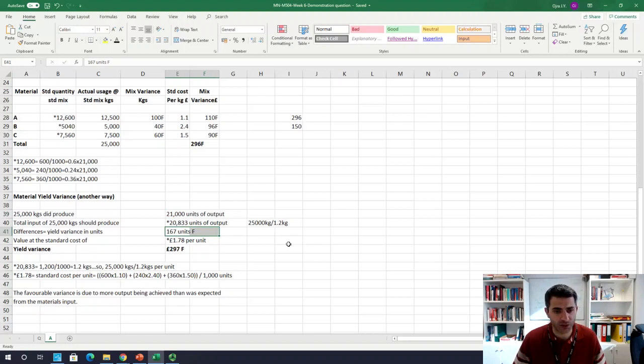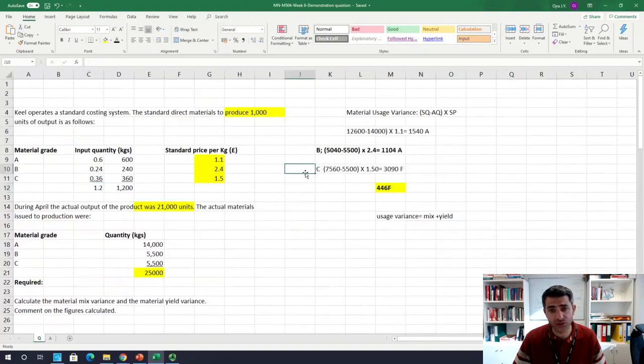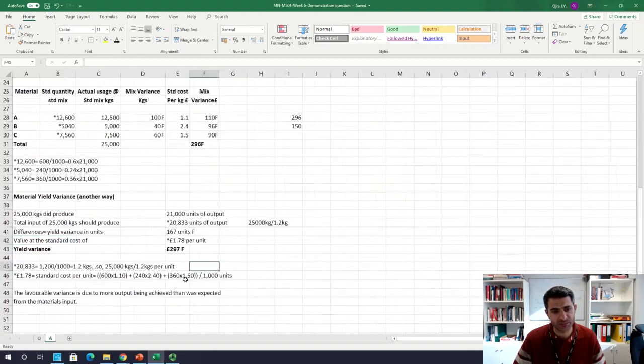If we want to transfer to pounds, the 167 units, we need to multiply by the standard cost. So how do we calculate this? In the question, you've got all these 3 ingredients, and you need to calculate them all together to find one figure. Very simple again.